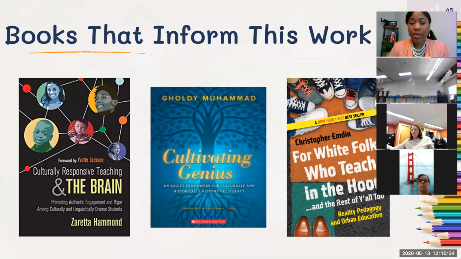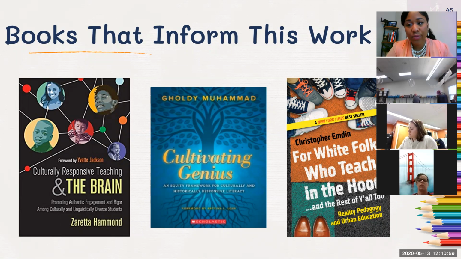These are 3 books that I have read that really inform the type of work that I do. So we have Culturally Responsive Teaching and the Brain, which I shared with you from Zaretta Hammond. Another really amazing book, especially for those of you who are in ELA, is Cultivating Genius, an equity framework for culturally and historically responsive literacy by Goldie Muhammad.